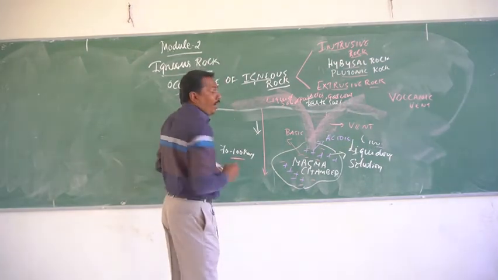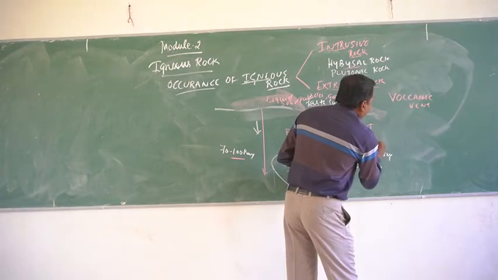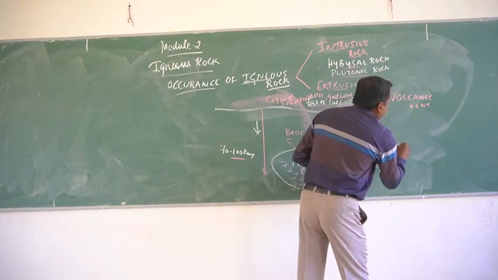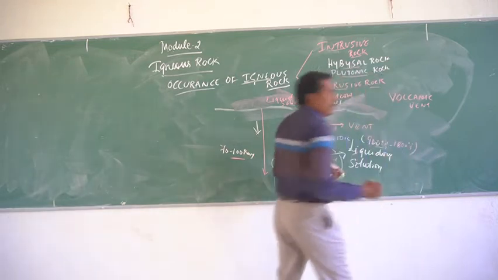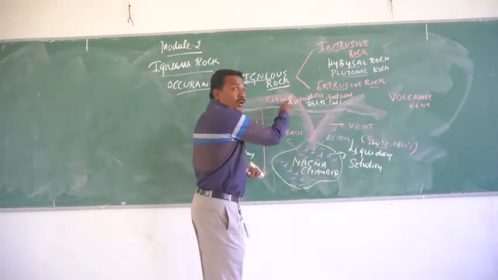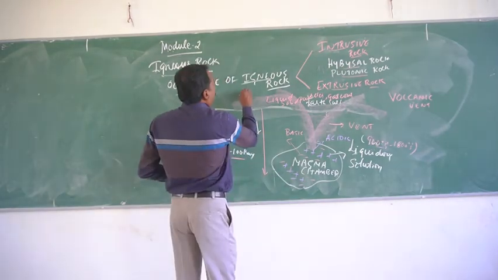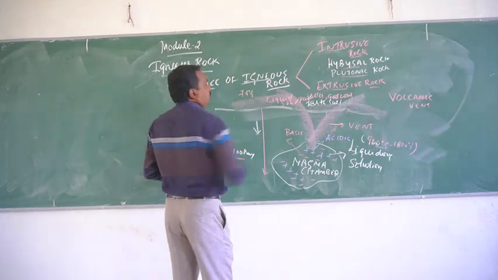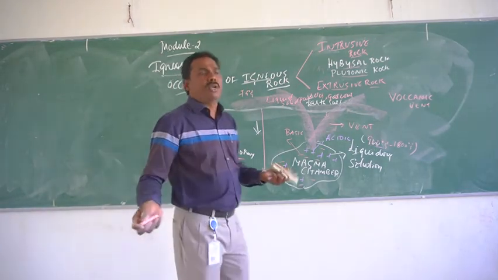When it comes out, what happens? Earlier I was telling the temperature would be 900 degrees Celsius to 1600 or 1800 degrees Celsius. When it is coming out, what would be the temperature on the earth's surface? The maximum temperature would be around 75 degrees Celsius. The minimum, let it be minus degrees, whatever it might be.